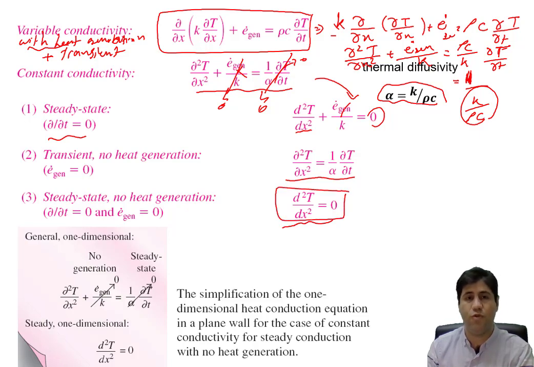This is the equation which we will use a lot in future examples. So here the general one-dimensional form and some special cases are mentioned. No generation, this will be 0. Steady state, this term will be 0. When it is steady and one-dimensional, we have only this term. This is the term which we will use mainly in the problems. For plane walls especially, we will use this equation.